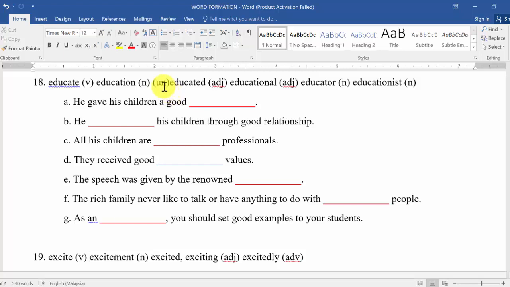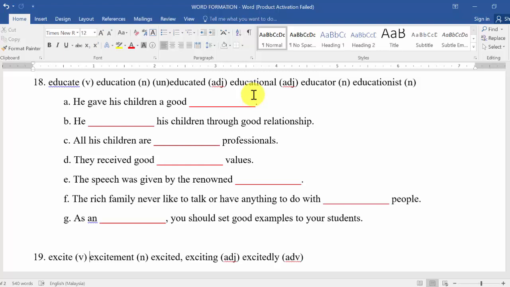If it's an uneducated person, it means that this person has not studied before, or this person has not been taught in the school. Uneducated. Next one, educational, adjective. This is used to describe a thing.